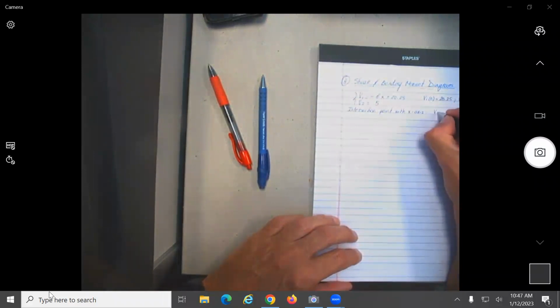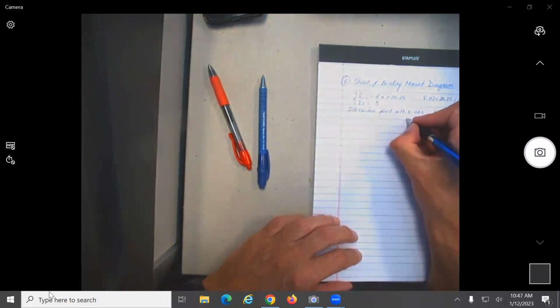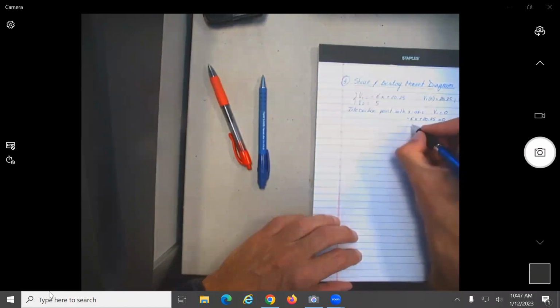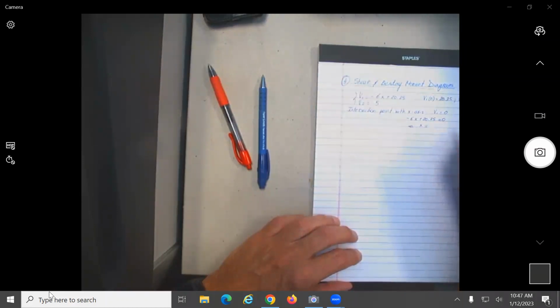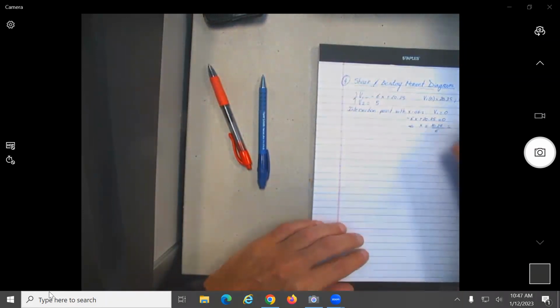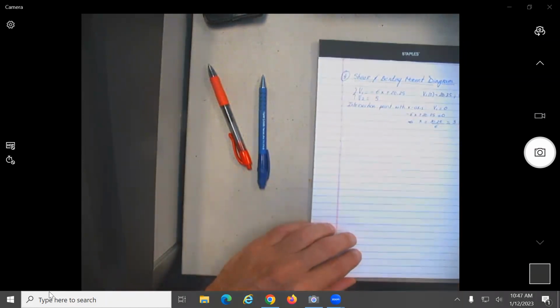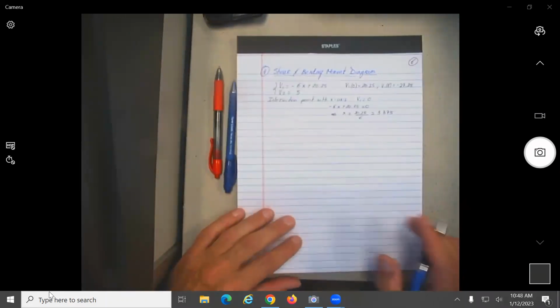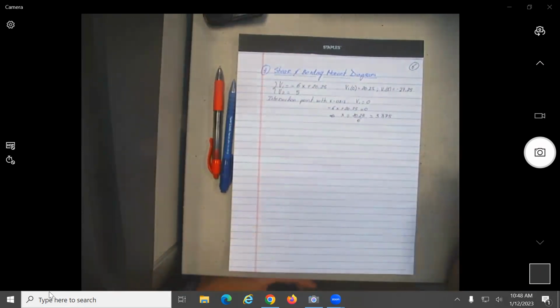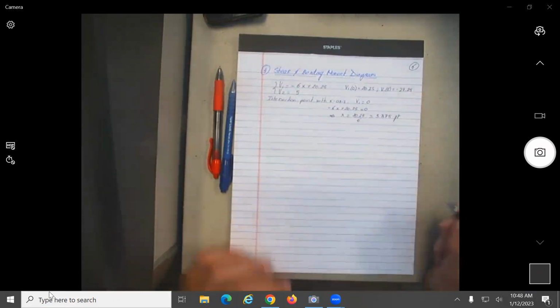This means V1 equals 0, so minus 6x plus 20.25 will be equal to 0, so the intersection point will be x equal to 20.25 divided by 6, which is equal to 3.375.